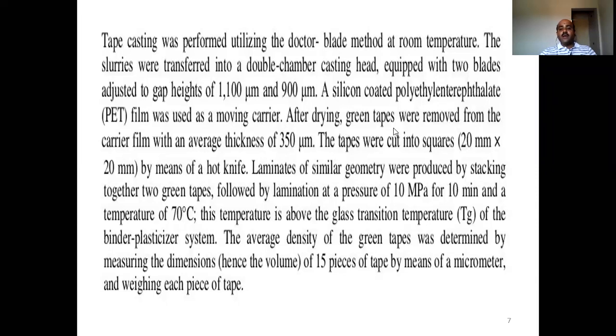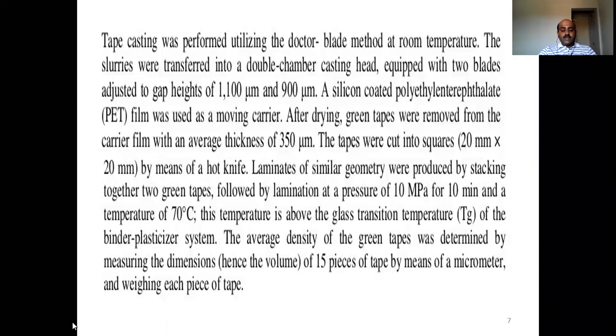After drying, green tapes are removed from the carrier film with an average thickness of 350 micrometer. The tapes were cut into 20 by 20 squares by means of a hot knife. Laminates of similar geometry were produced by stacking two green tapes, followed by lamination at a pressure of 10 megapascals for 10 minutes at a temperature of 70 degrees centigrade.